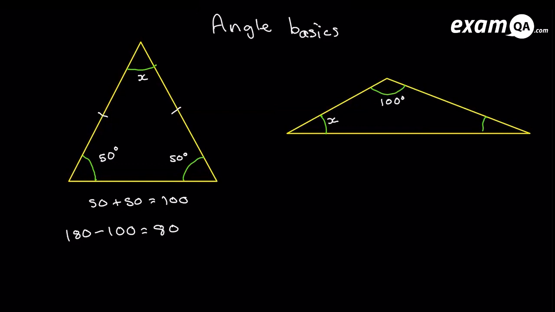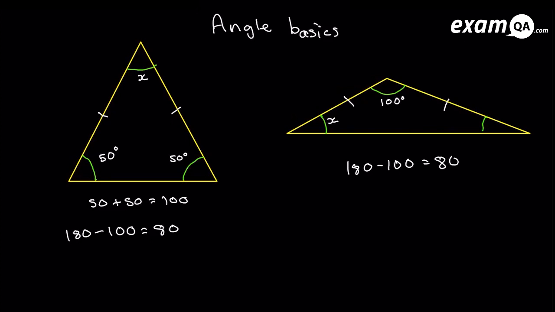So let's look at the next one. So here we only know one angle, and we need to work out x. So usually in a triangle you need to know two angles to work out the remaining missing angle. However, as it's an isosceles, we can still do it. So the first thing we're going to do is see what's remaining from 180. Because remember, the angles in a triangle add up to 180, so I can do 180 minus 100.